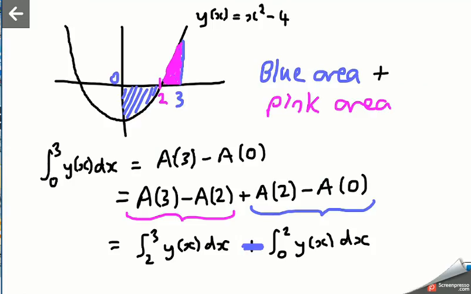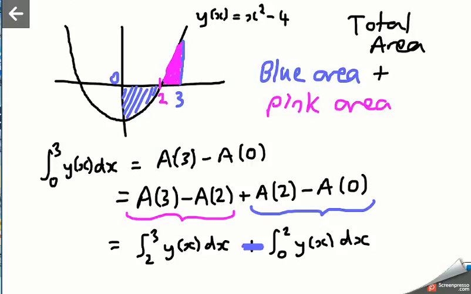When we worked out the net signed area, it was basically the pink area minus the blue area. What we just worked out here was the total area, which actually should be the blue area plus the pink area.